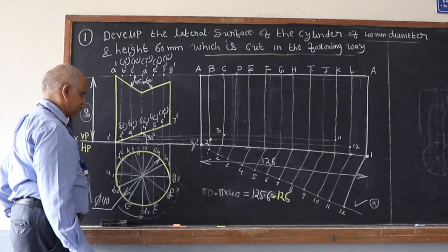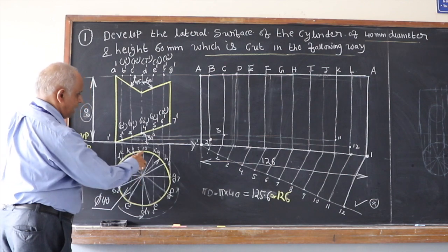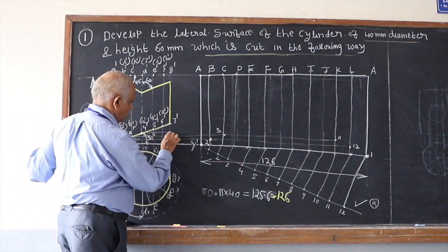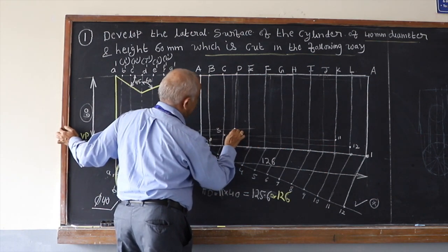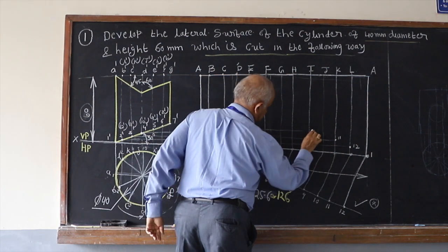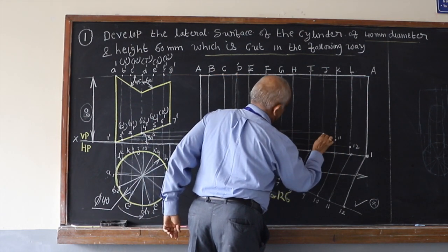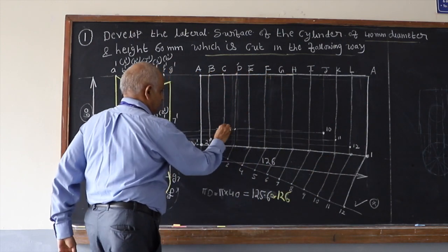Similarly, 4 and 10 are on D generator and J generator. So 4 and 10, you project it here onto D generator and J generator. So this will give you 10 and this will give you 4.